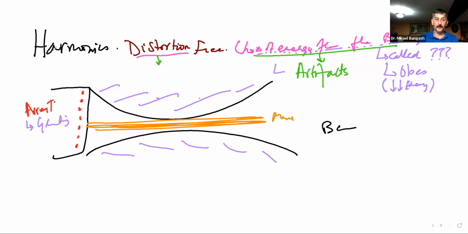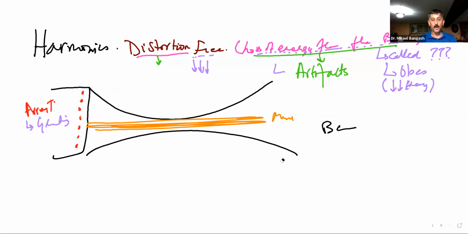First of all, in harmonics there is a reduced likelihood of the beam losing energy, or we can say it will be free from losing energy. That means we most likely wouldn't have had lobes being produced.